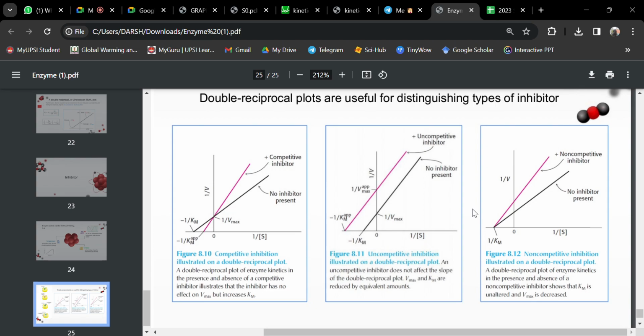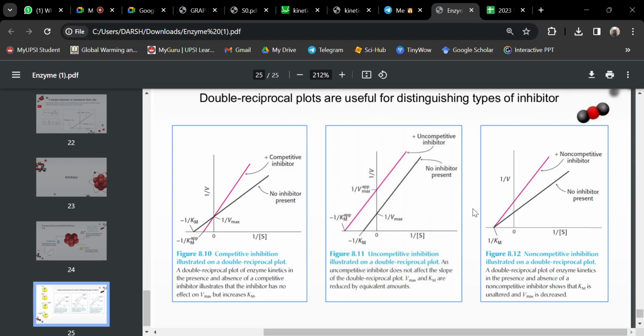Non-competitive. Kalau misalnya kata dia tak share pun Vmax, dia tak share pun Km, so that inhibitor will be considered as uncompetitive. So that's the reason why we need to understand the kinetics of enzyme.